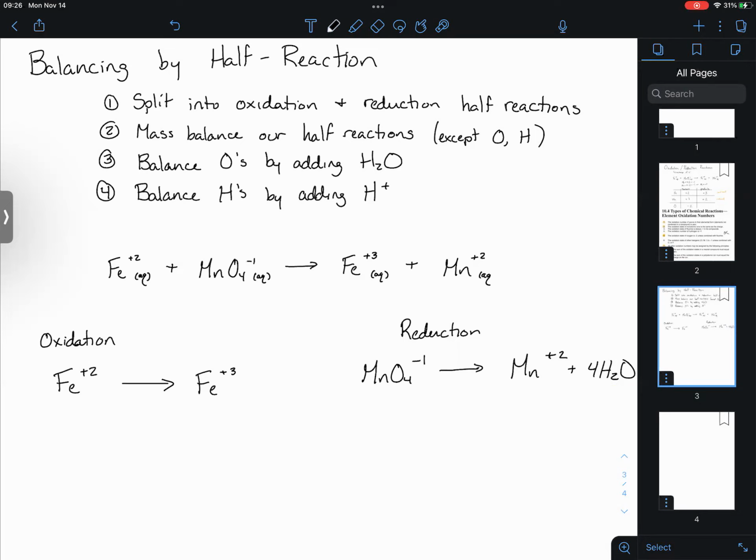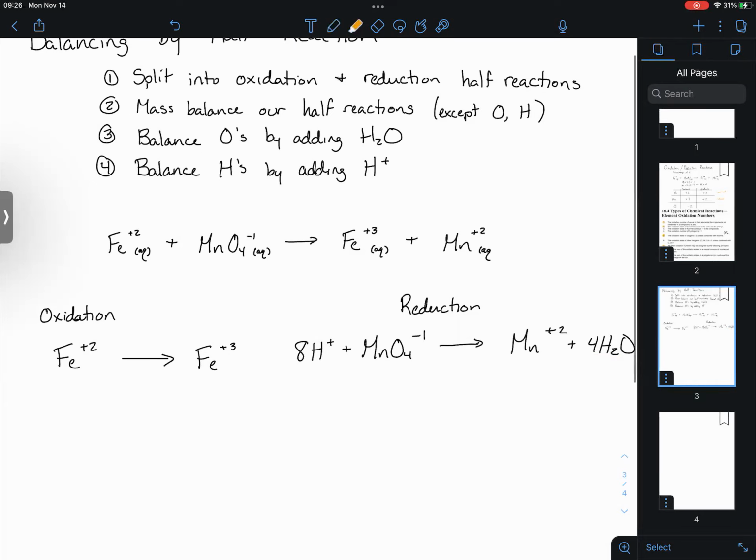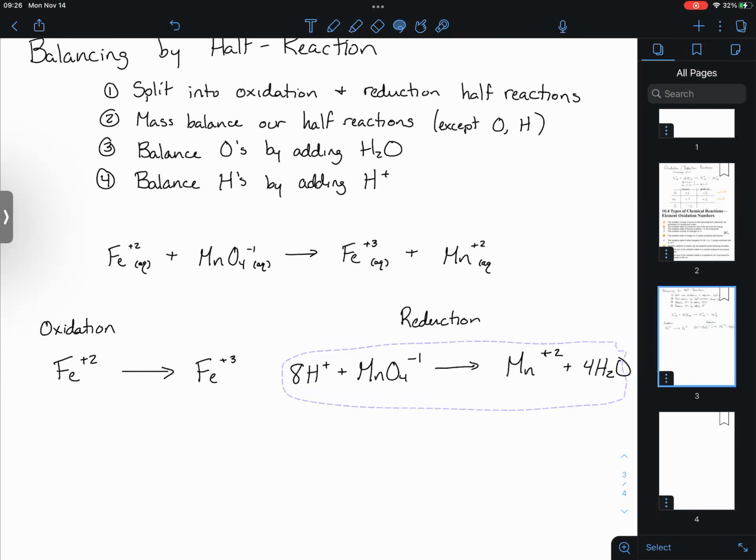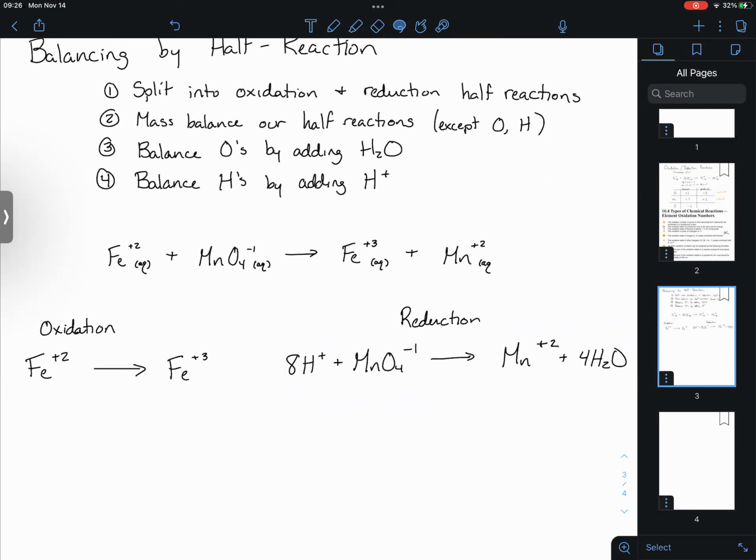I can correct my imbalance by going over here and adding 8 hydrogen ions to balance my 4 water molecules. Each water molecule has 2 hydrogens. So now I've corrected everything, and I have all my elements present in my 2 half reactions here.